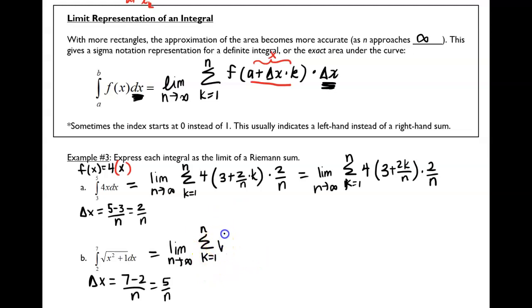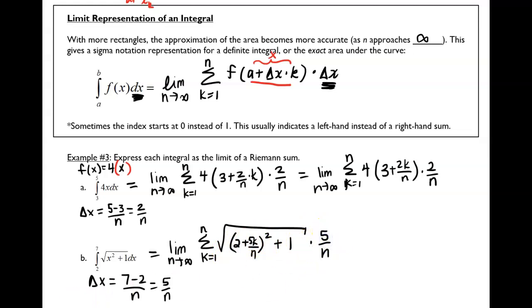Now write out your function, square root of something squared plus 1, and then we'll have our delta x. Now that something in this case, we want to think about what that is. That something is going to be my a, looking back up at the formula, a is 2 plus 5 over n, my delta x, times k. So I'm going to write that as 5k over n. And then outside of my function, notice outside my radical, going to multiply again by delta x, which is 5 over n.